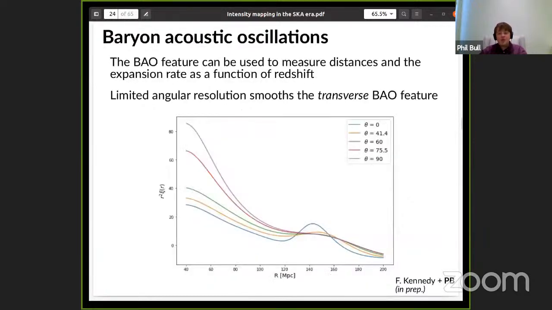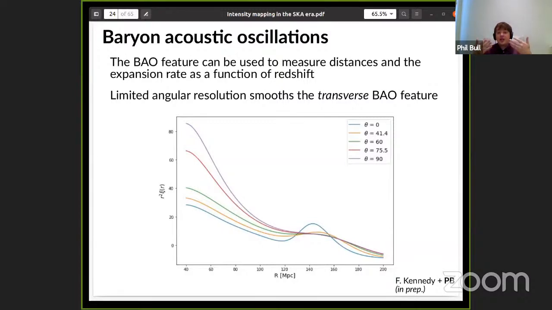Another example, we've already talked about the baryon acoustic oscillations, which are really interesting. This is some work done by my student Fraser Kennedy. He's writing a paper on this around about now. Because of the limited angular resolution of your telescope, if you look at the baryon acoustic oscillation feature in the transverse direction, so in the angular direction on the sky, it gets partially smoothed out. You lose some angular information and it broadens the peak.